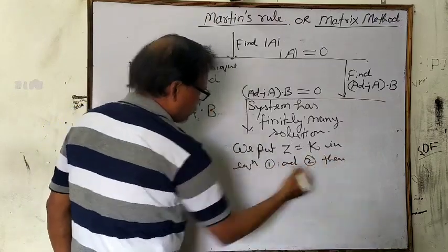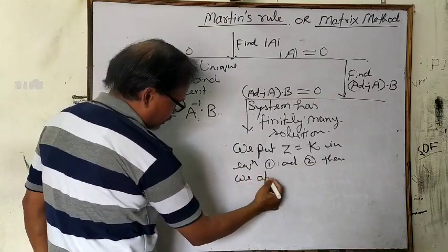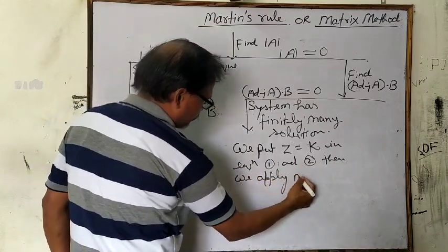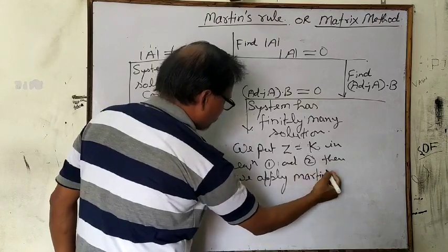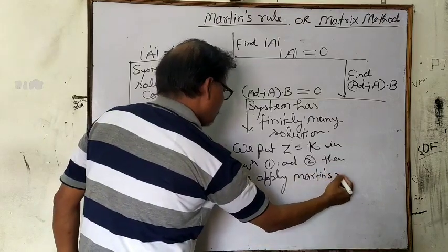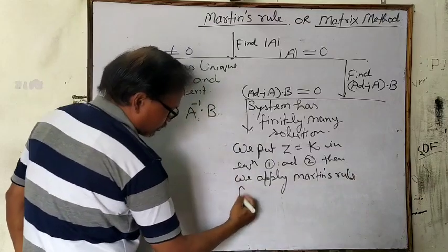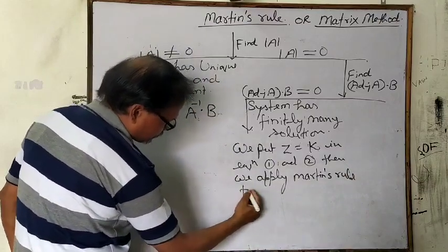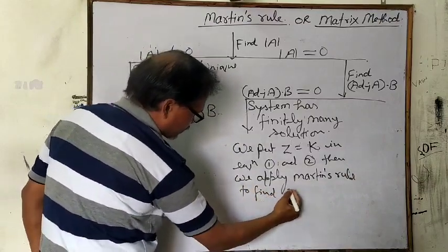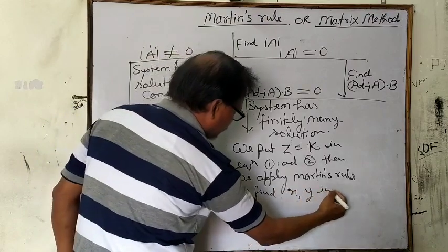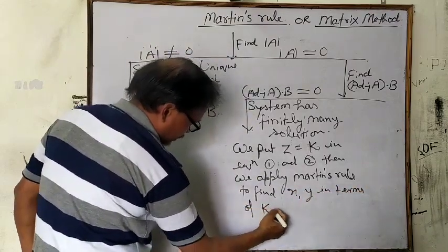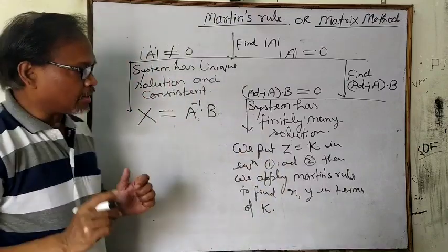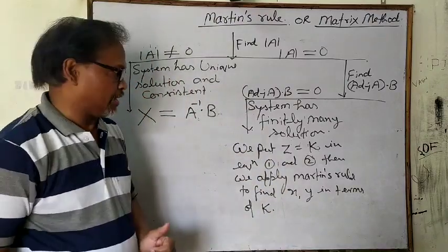Then we apply Cramer's rule to find x, y in terms of k, and the answer we will get is in terms of k.